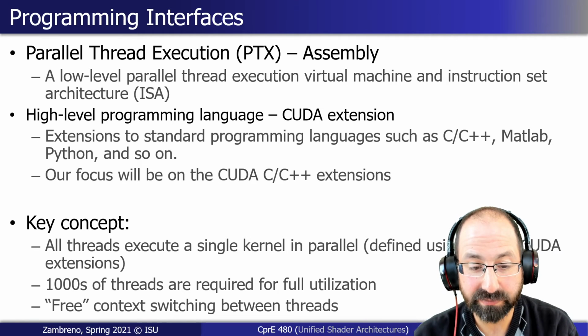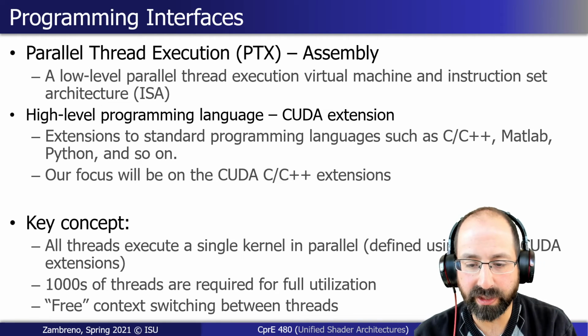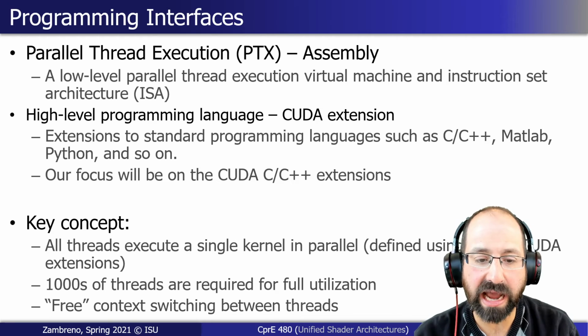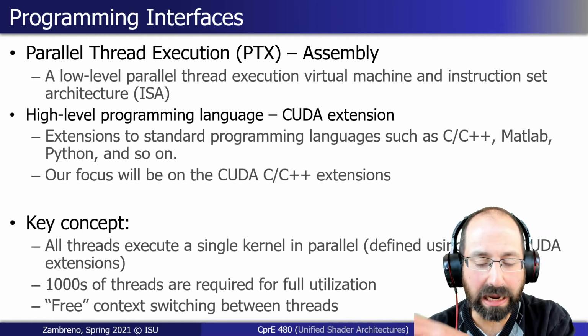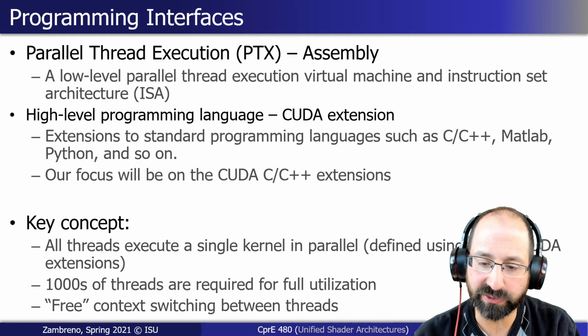Same with fragments. The code that I'm running for rendering is a very small handful of kernels. There's a kernel for processing my vertices, a kernel for processing my fragments, maybe for geometry and other things as well. We have a separate kernel associated with each.